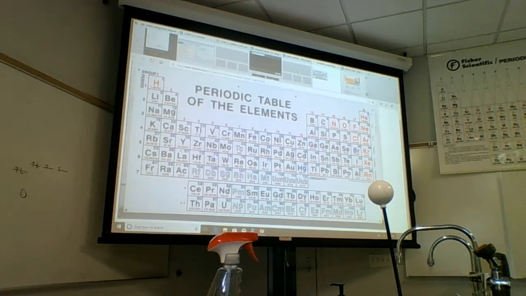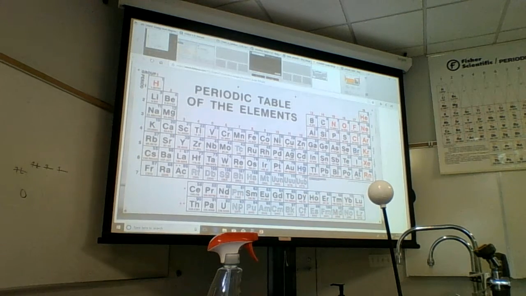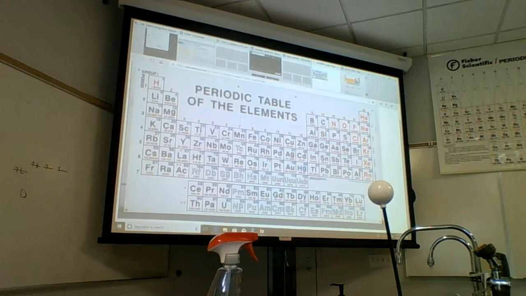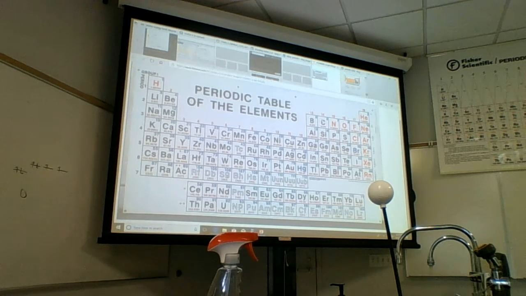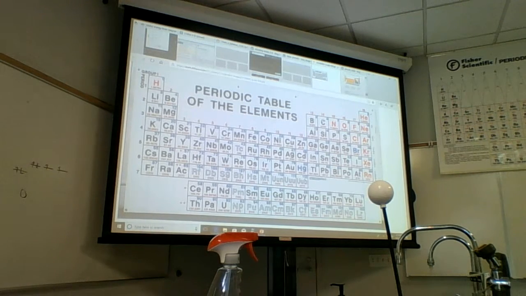Now, based on what we know, we fill up these shells. The first through the 5th shell is filled.